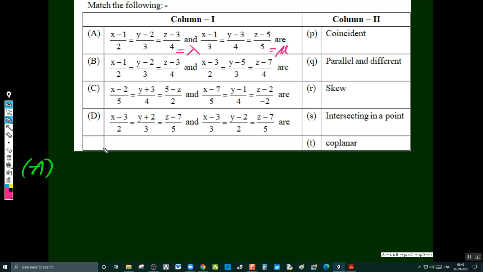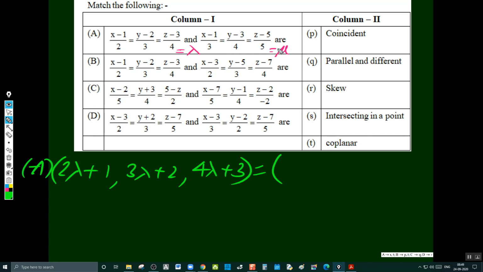Straight away, I'm writing the point on the first line. Any point is 2 lambda plus 1, 3 lambda plus 2, 4 lambda plus 3, which represents every point on the line for different values of lambda.